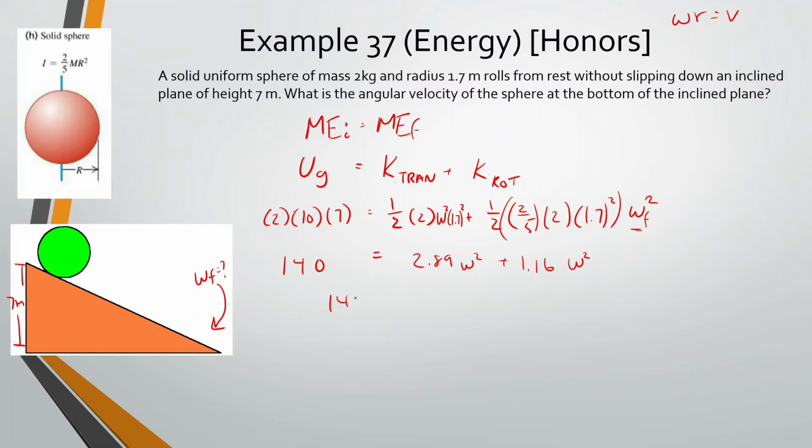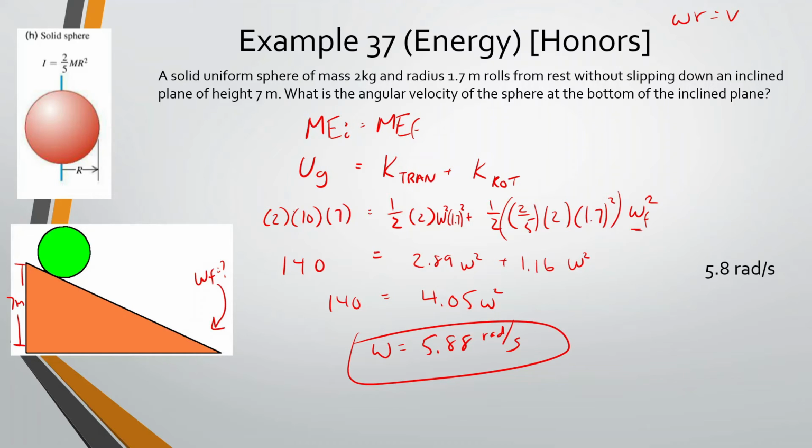And now let's simplify. 140 is equal to 1.16 plus 2.89, so this is going to be 4.05 omega squared. So now we do a little bit of algebra and square root that, and we get omega is equal to 5.88 radians per second.